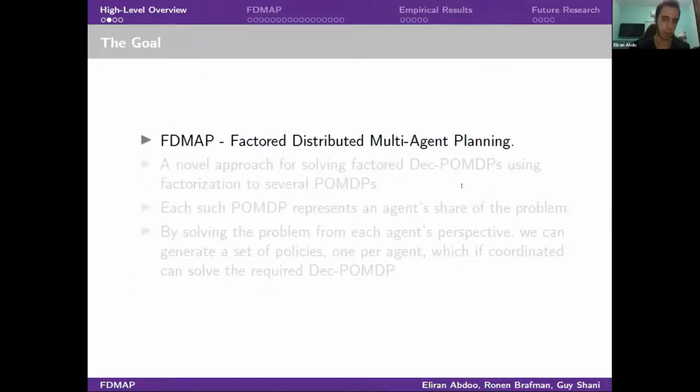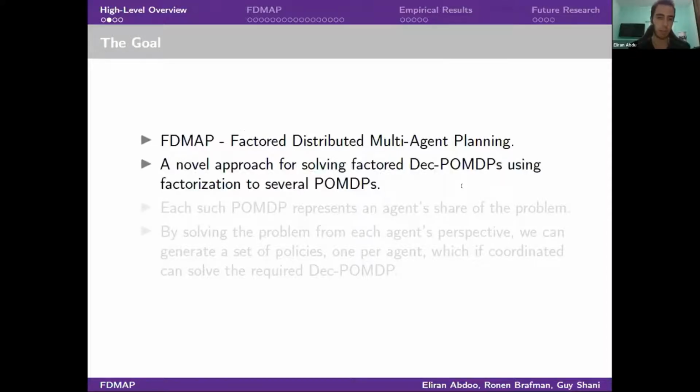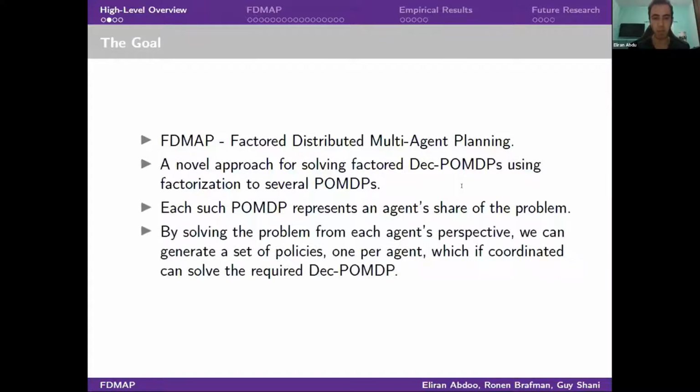So FDMAP, Factored Distributed Multi-Agent Planning, is a novel approach for solving Dec POMDPs using factorization to several POMDPs. Our goal here is, by receiving a Dec POMDP, to split or decompose the Dec POMDP at hand to several POMDP problems. Each represents an agent's share of the problem.